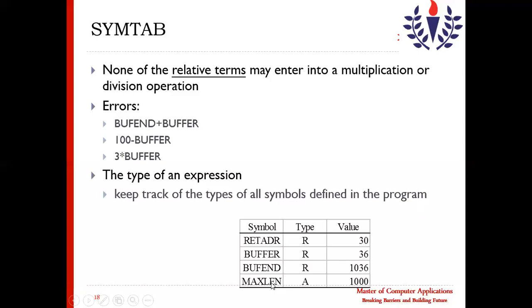Now MAXLEN does not belong to any program element. It is a symbol that stores the maximum length, so it is absolute. But BUFEND and BUFFER belong to the program, storing addresses of the program. MAXLEN is a calculation variable, so it is an absolute variable.